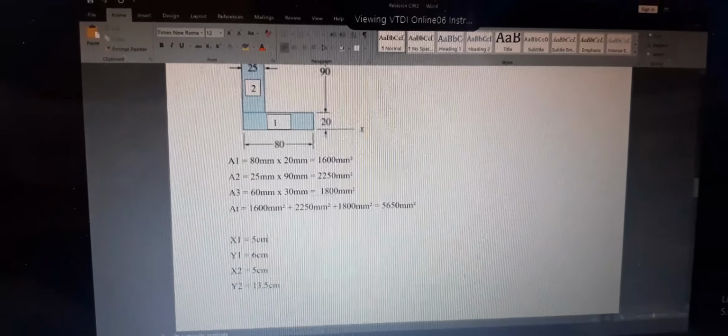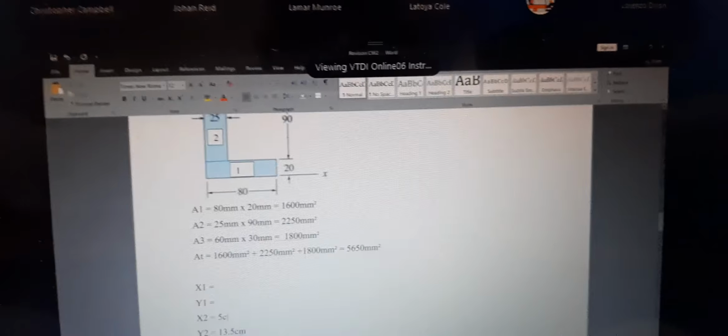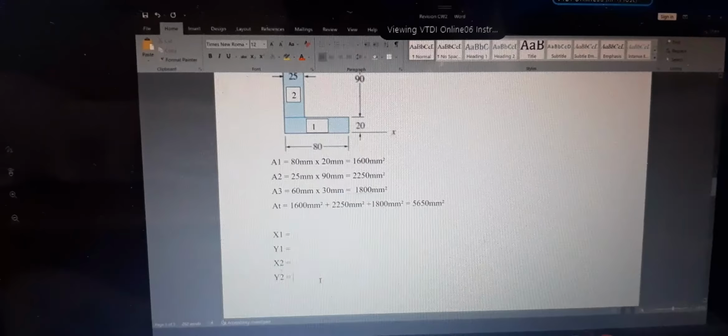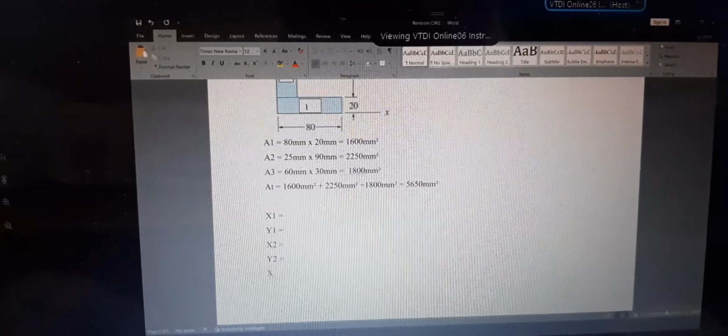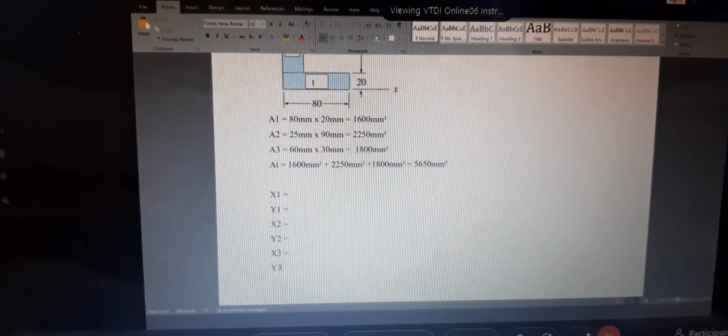So now we know we're going to have x1, y1, x2, y2, and we're also going to have x3 and y3.